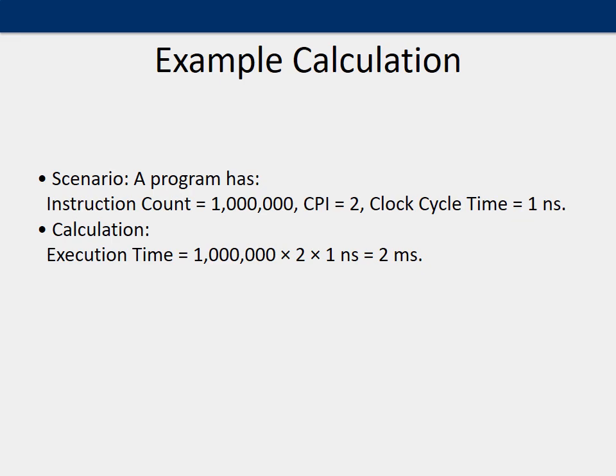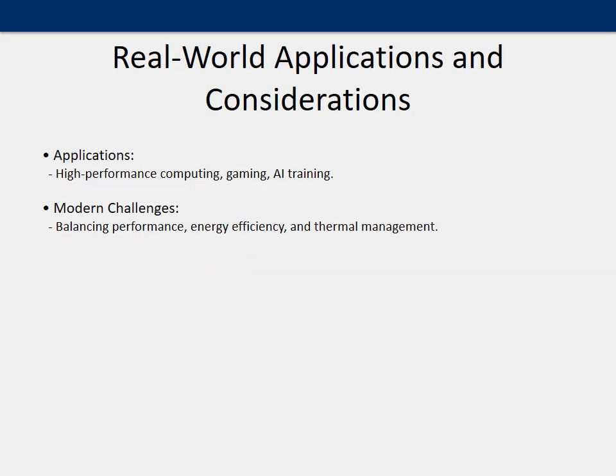It is instruction count into CPI into clock cycle time. So the instruction count is 1 lakh into CPI equal to 2 and clock cycle time 1 ns. By calculating it, we get execution time equal to 2 ms. So this way we calculate the execution time of the CPU.